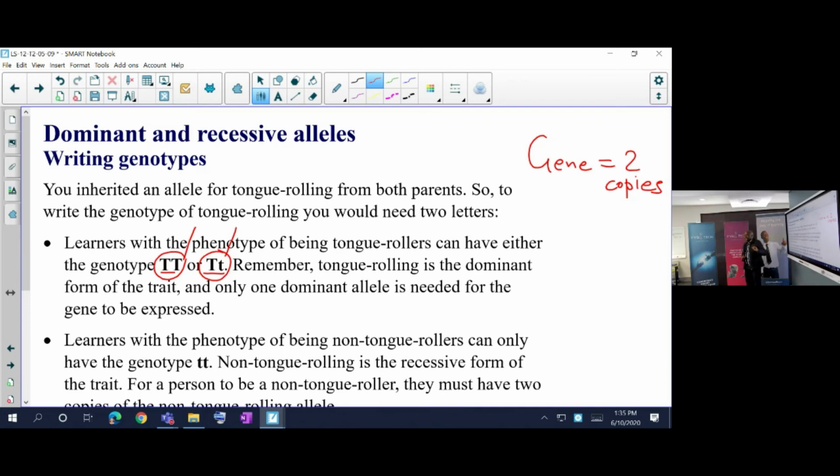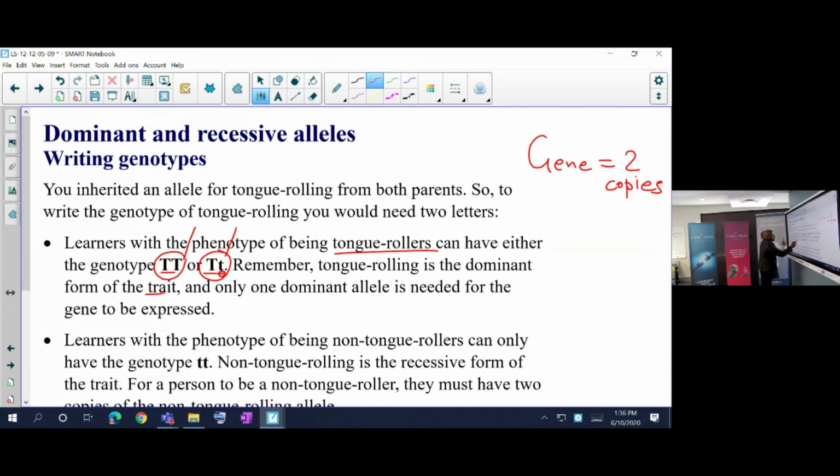Complete dominance. Tongue rolling is completely dominant over non-tongue rolling. That's where it is coming from. That's where you have to master your term complete dominance. So tongue rolling is a dominant form of the trait, correct?